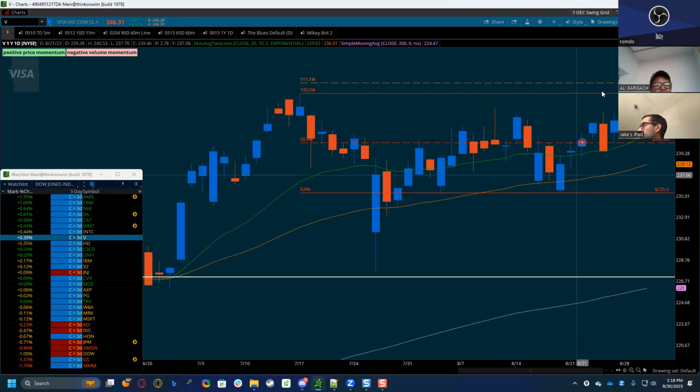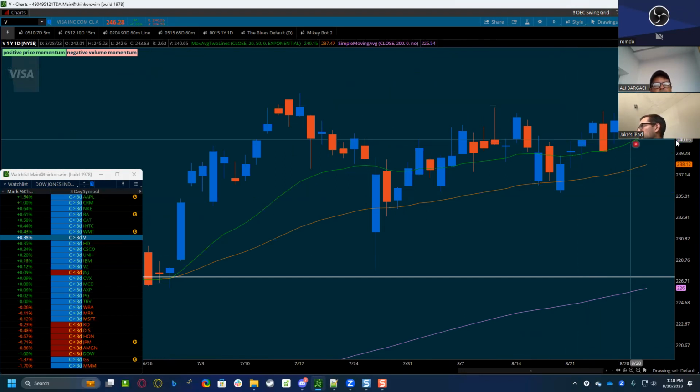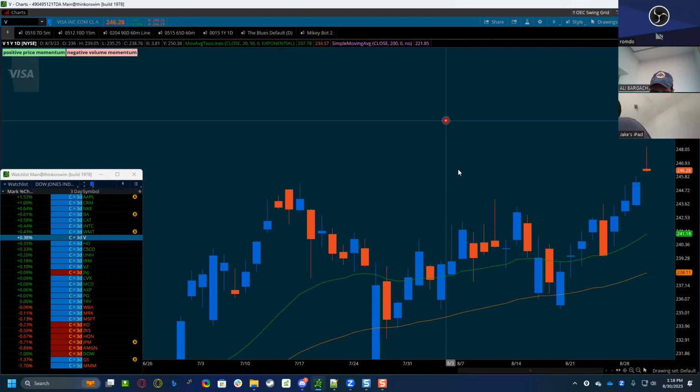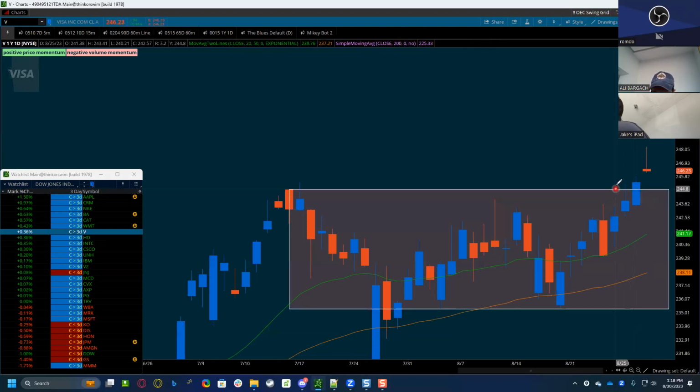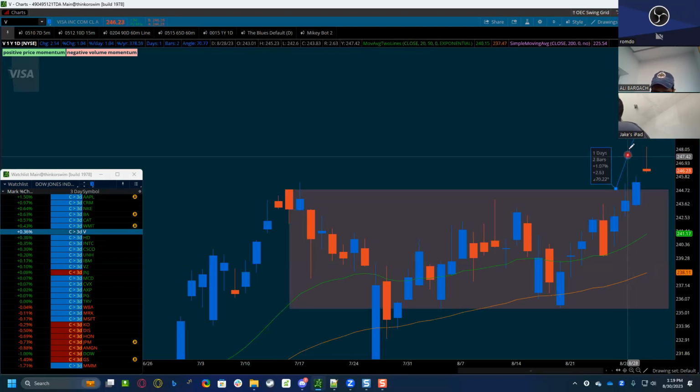Now, IBD, when it talks about breakouts like this, they're pretty comfortable with a range. So IBD will look at something like this and give it a 2% range across the top. And they'll say that that 2% range is your buy zone. And as long as it's in that buy zone, you're good to buy, and they don't really focus on waiting for the pullback or whatever. 2% is actually all the way up here at 249.